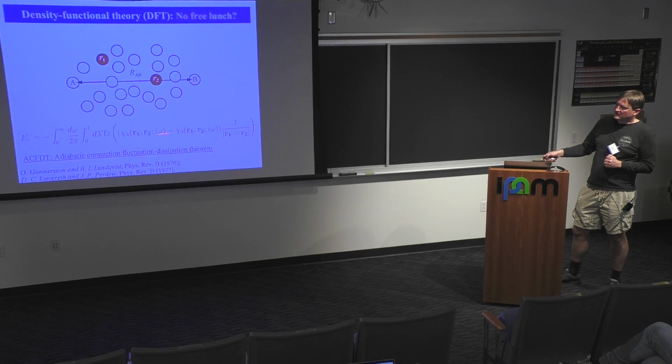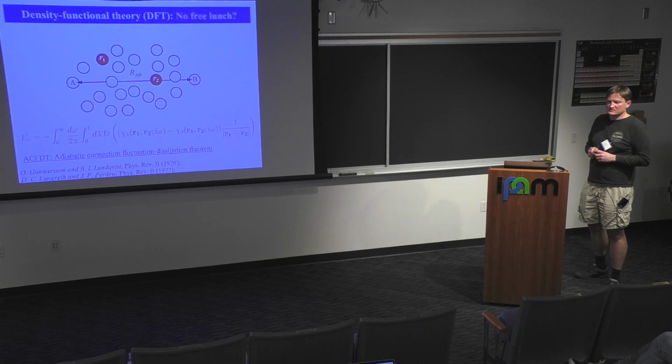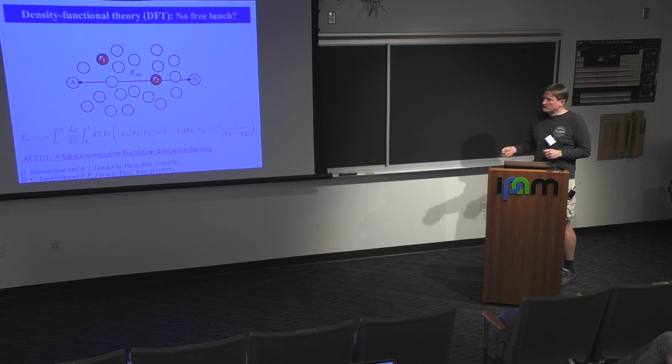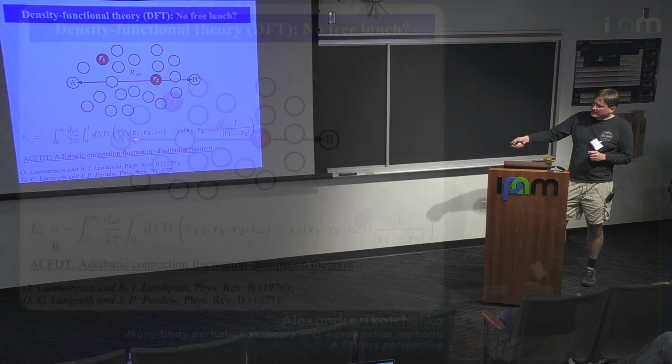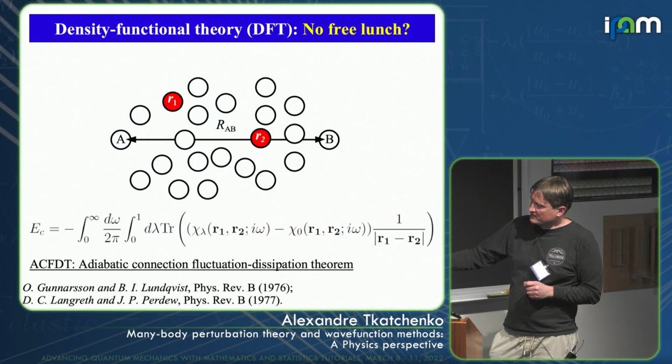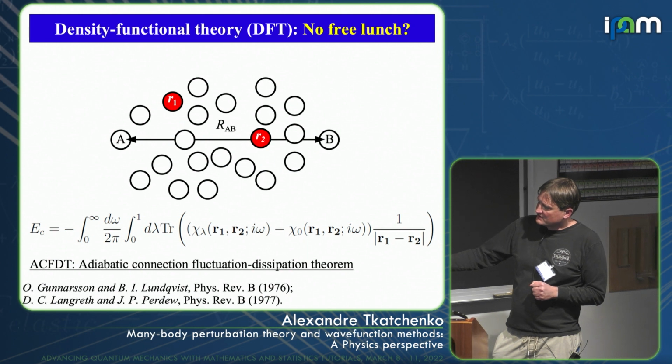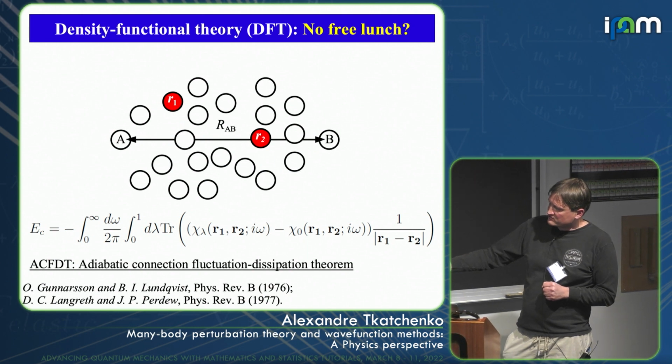The frequency here enters because this is a time-dependent phenomenon as well. Right? So there's a time, and you take the difference between two times only, and that's why you do a Fourier transform, and you get the frequency here. Okay? And so you have two such functions. You have a so-called non-interacting function, this is lambda equals 0, and you have a partially or fully interacting response function.